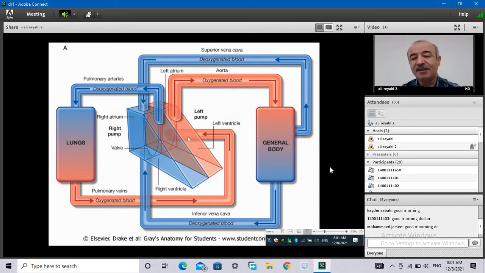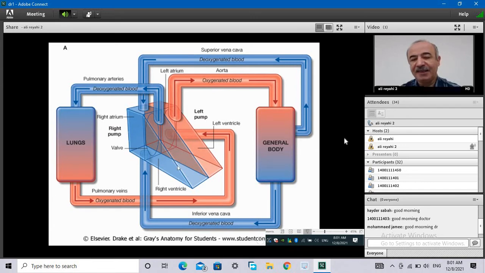For example, the left ventricle, when contracted, circulates the oxygenated blood to the general body, and deoxygenated blood is collected by the veins and reaches the right atrium.